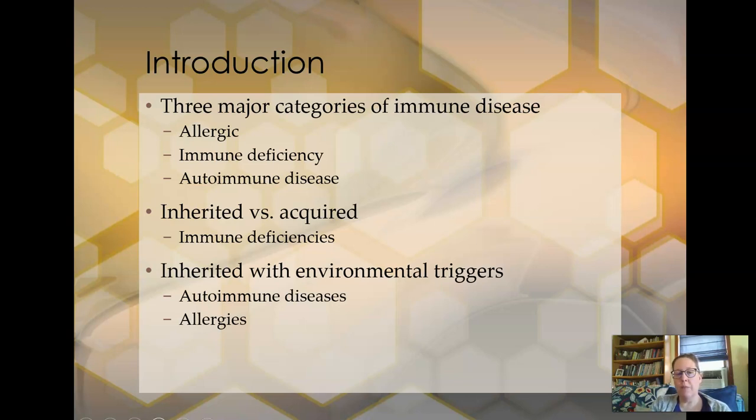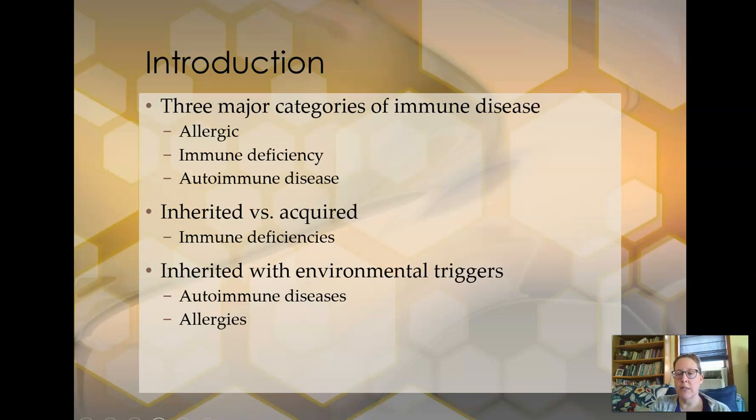Those tend to have a genetic component, so they tend to run in families, but there are also environmental triggers. There's things like nutrient deficiency, for example, vitamin D deficiency puts you more at risk of getting allergies and asthma. For asthma, living in an apartment where there's a lot of cockroaches, the cockroach droppings can be a really big trigger for asthma, and so that would be an environmental trigger.